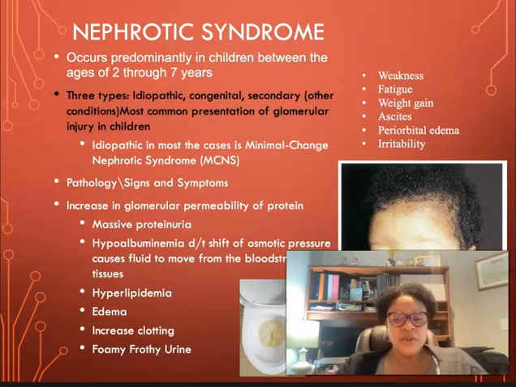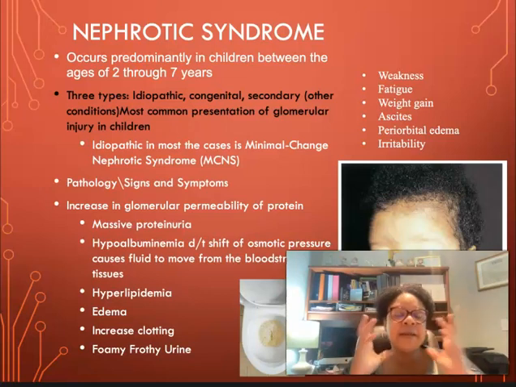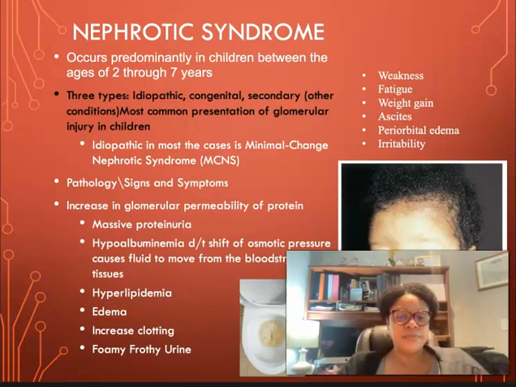I'm going to show you my chart later on because it goes into a little bit more detail. You're also spilling some lipids, as well as some other elements, and you're creating a huge edema situation in the child. You can see this child in the picture here that had that periorbital edema. They have that puffy face, and they're also edematous in other places as well. They're miserable, by the way. They're very fatigued.